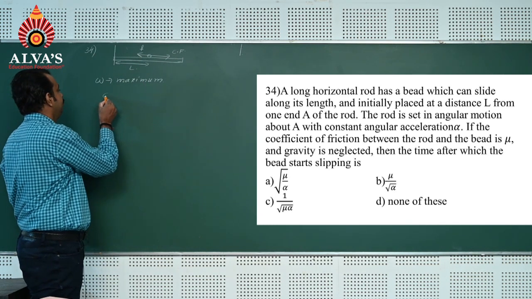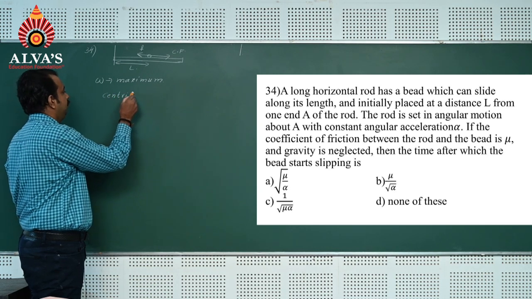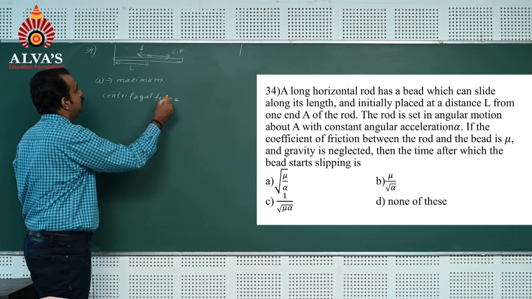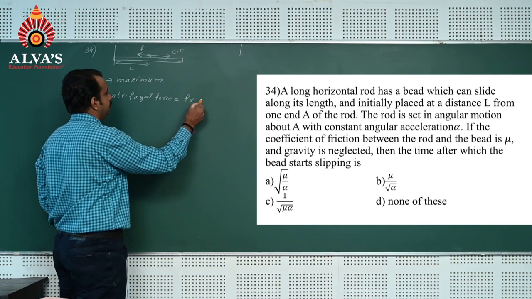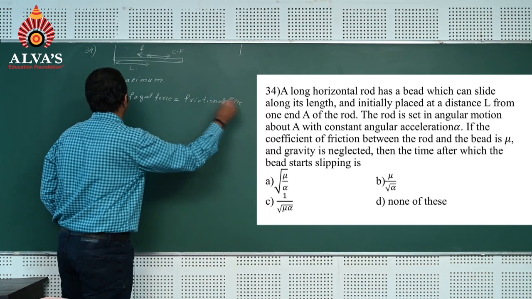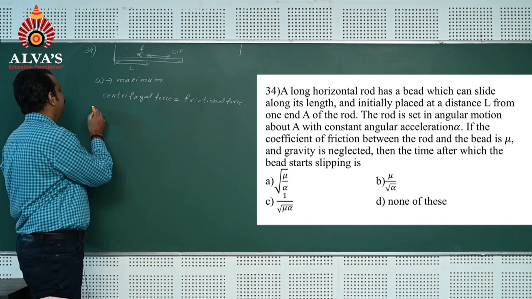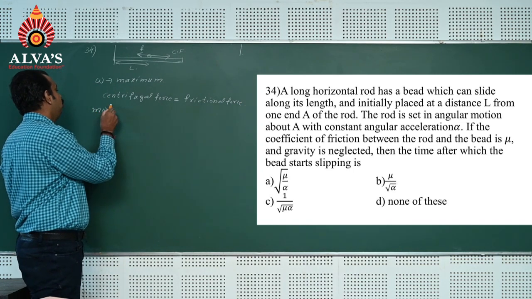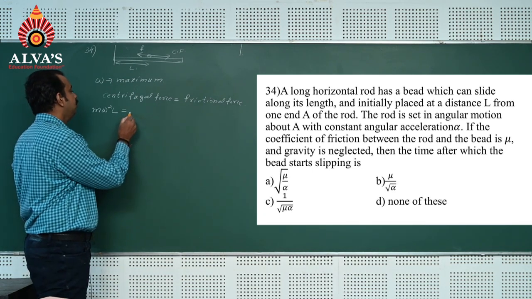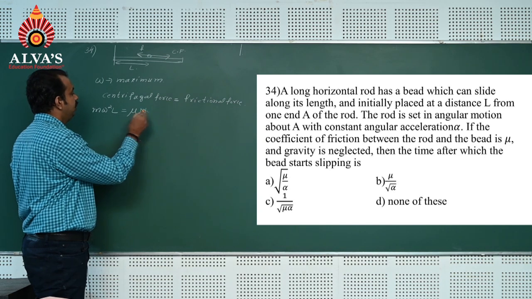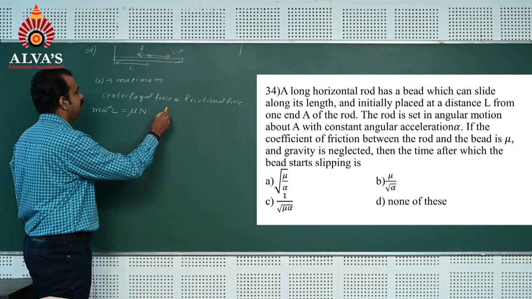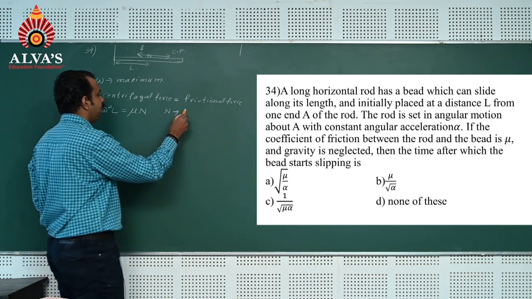Centrifugal force is equal to frictional force. Centrifugal force is m omega square L. Frictional force, you know, is mu into N. Here N, the normal reaction force, is provided by the tangential force.